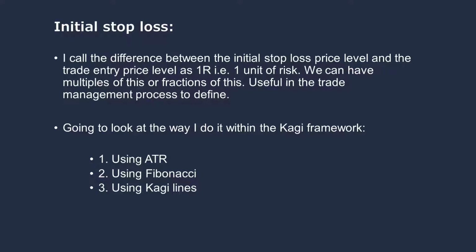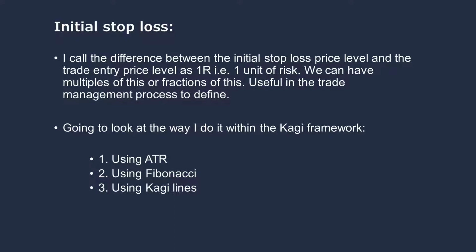Now I'm going to go over a simple methodology around the Kagi framework on how to create our initial stop loss, and I'm going to throw in ATR and Fibonacci, whose workings I'm going to cover in a minute so you understand how to use them, but we're just going to use them for illustrative purposes here, along with the use of the Kagi lines themselves.